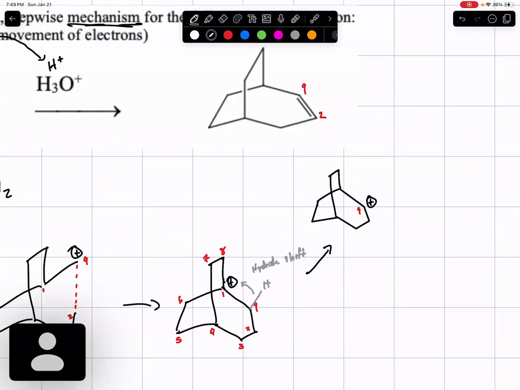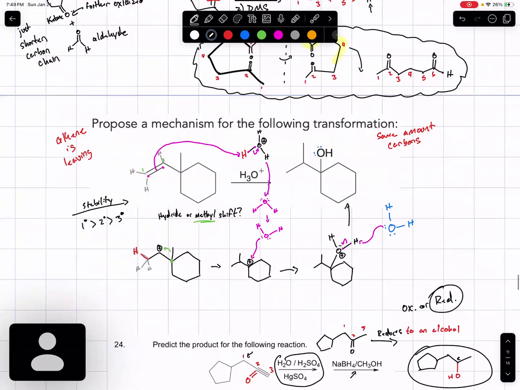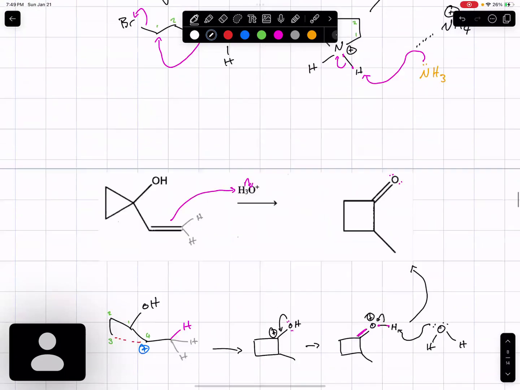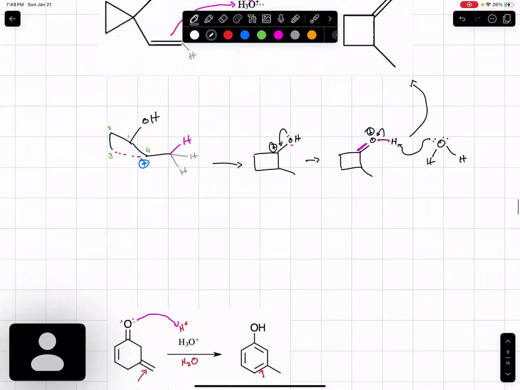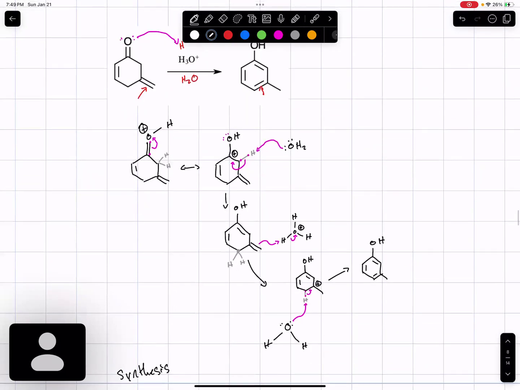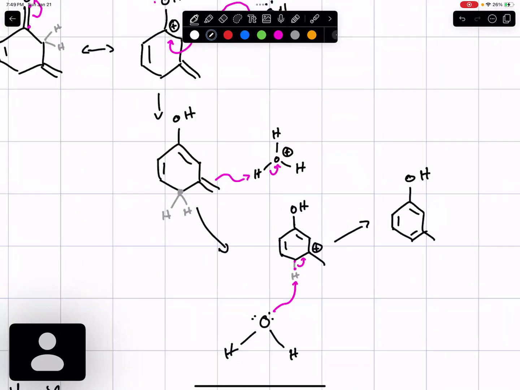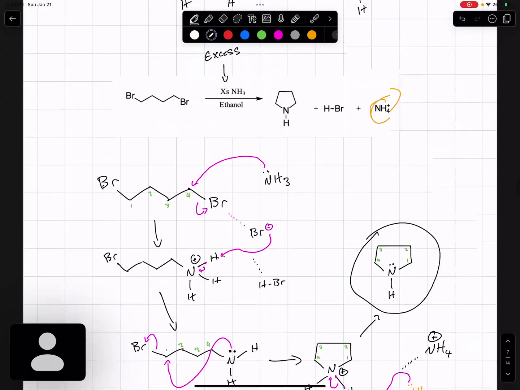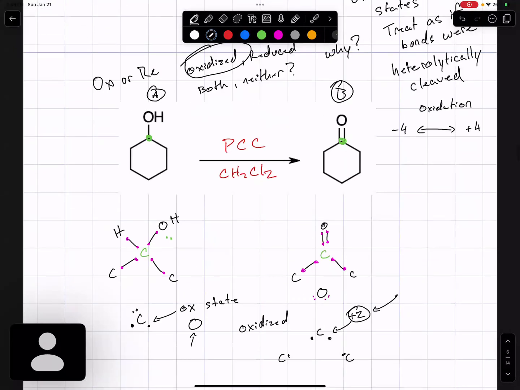How do we make an alkene? We did lots of mechanisms on Friday on how to make alkenes. Remember, if I scroll back up to here, we made alkenes by deprotonating, remember?